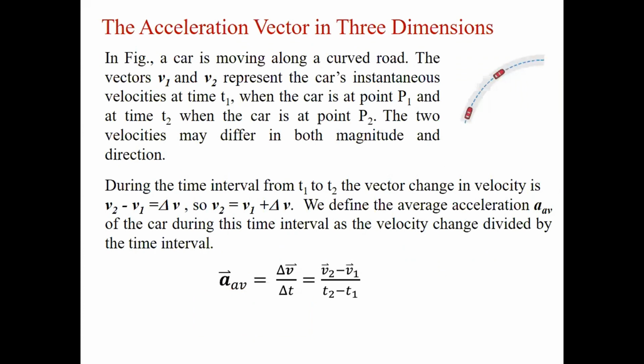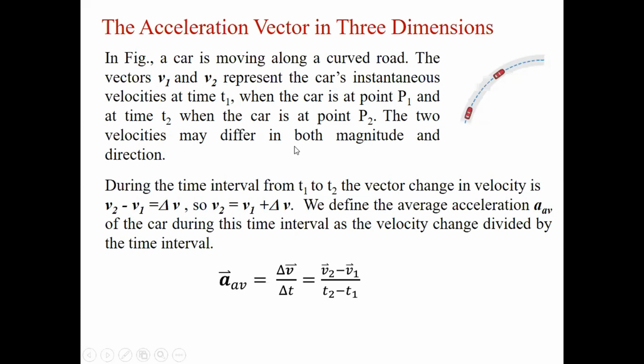The acceleration vector can also be written in 3 dimensions. For example, this figure is showing a curved road near a city, and the vectors V1 and V2 are the car's instantaneous velocities at times t1 and t2. The car is at point p1 at time t1, and at point p2 at time t2.